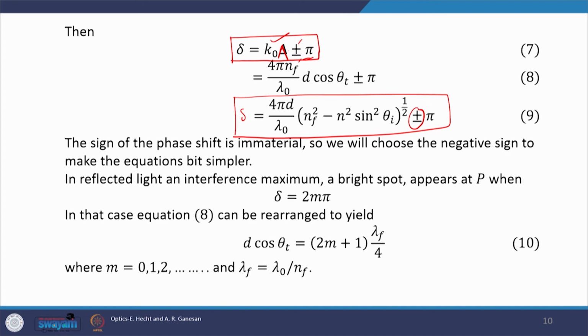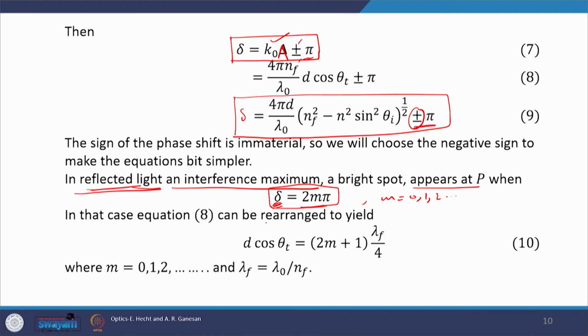Now, we are talking about the reflected light here. In reflected light, an interference maximum will occur when the phase difference is equal to an integral multiple of 2 pi. Here m is equal to 0, 1, 2, an integer. Therefore, maxima occur at p when the phase is an integral multiple of 2 pi. Now, let us substitute the expression of this phase difference from equation 9 here with a minus sign before pi.